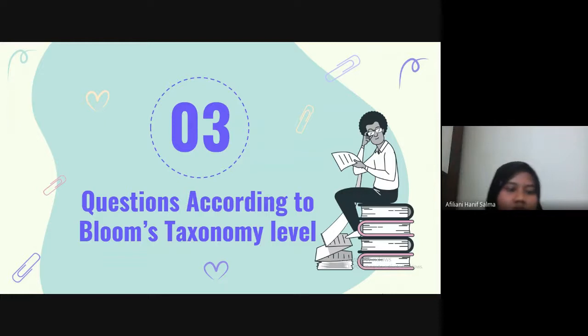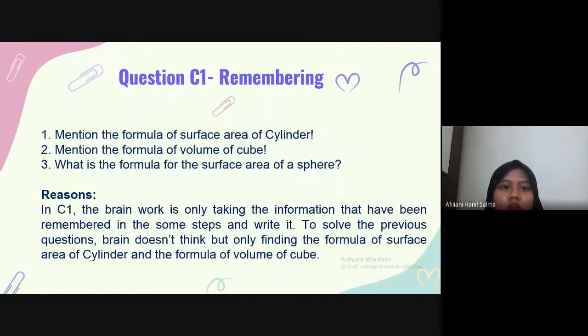So the next is how to create a question according to Bloom's taxonomy levels. The first is question C1 or remembering. For example, mention the formula of the surface area of a cylinder, or mention the formula of the volume of a cube, and what is the formula for the surface area of a sphere.